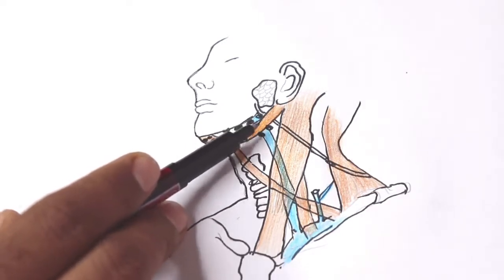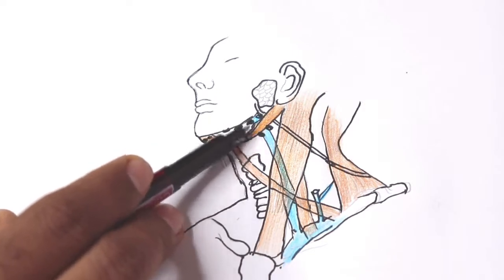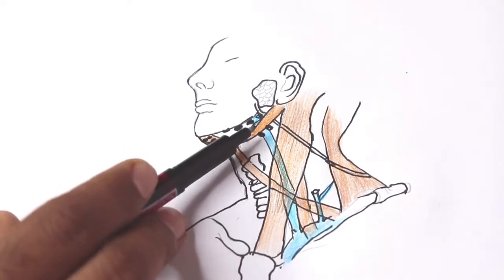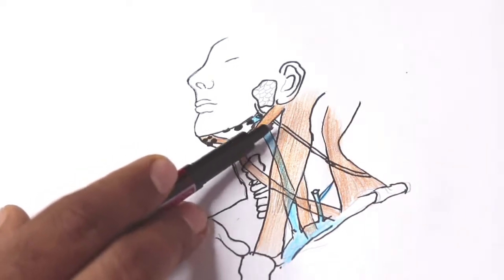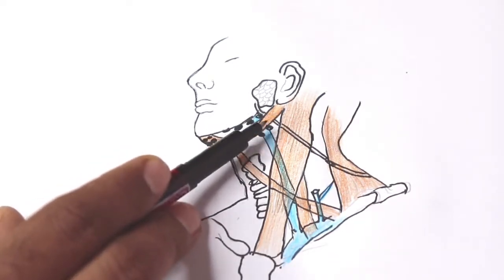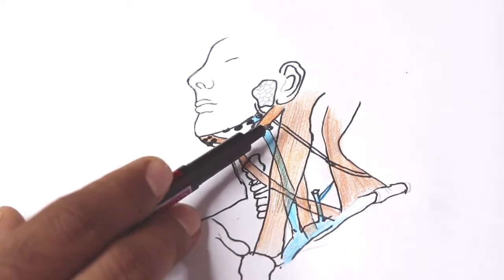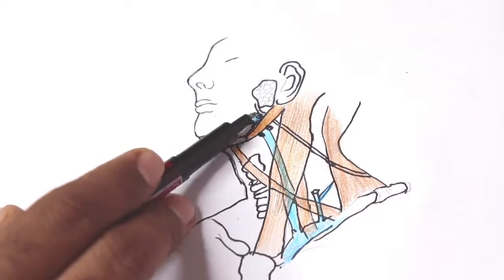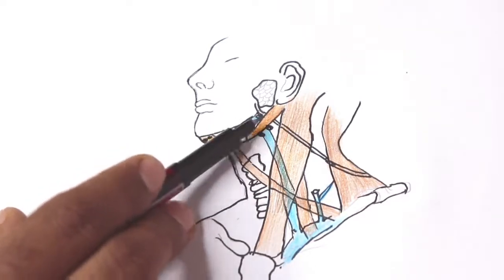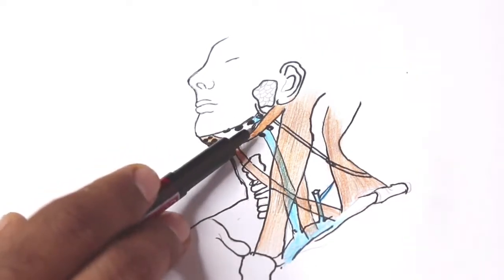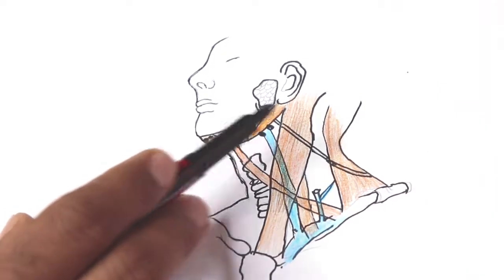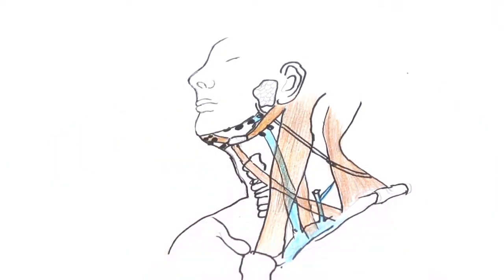So anterior medial nodes come under level 2A and posterior lateral nodes come under 2B. Anterior medial to the vertical plane of the accessory nerve, so anterior to the accessory nerve comes under level 2A and posterior lateral nodes are called 2B.